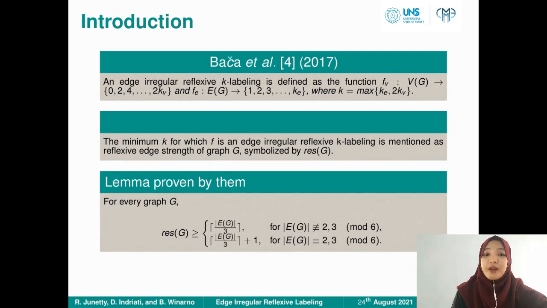It was proved by them that for every graph G, res(G) is greater than or equal to the ceiling of cardinality of S per 3 for cardinality of S not equivalent to 2 and 3 in modulo 6, and the ceiling of cardinality of S per 3 plus 1 for cardinality of S, or size, equivalent to 2 and 3 in modulo 6.